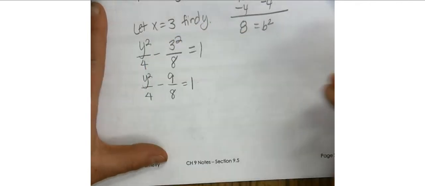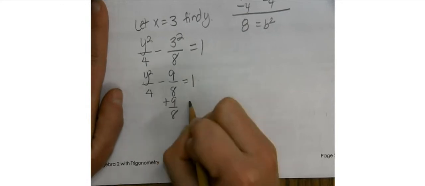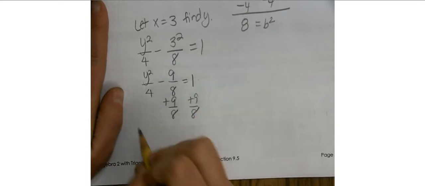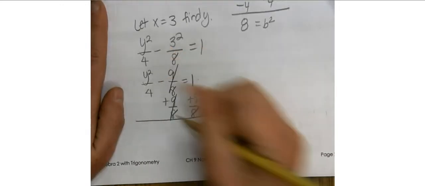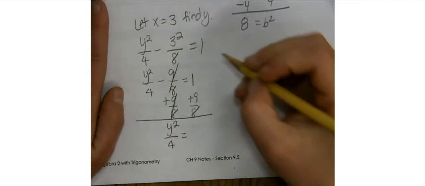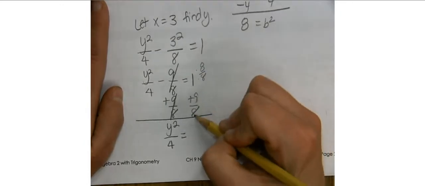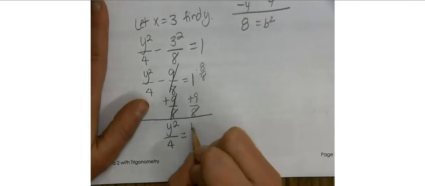I have y squared over 4 minus 9 over 8 equals 1. I'm going to add 9 over 8 to both sides, and the 9 over 8's cancel out, and I'm left with y squared over 4 equals, changing 1 to 8 over 8, 9 over 8 plus 8 over 8, which is 17 over 8.